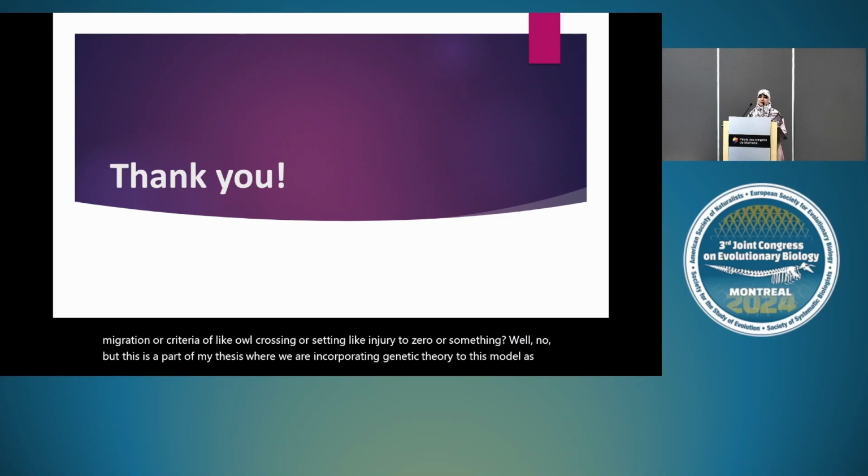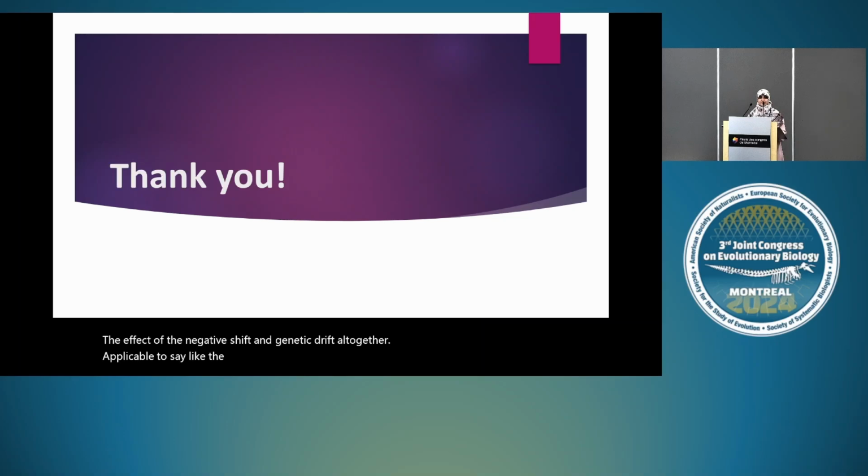So basically, the idea is studying selective fluctuation, mutations, the effect of the negative shift, and genetic drift altogether. So this could be applicable to, say, a non-albino population or a non-mutant population. Exactly, yes.